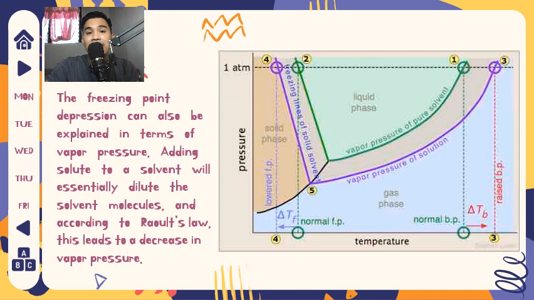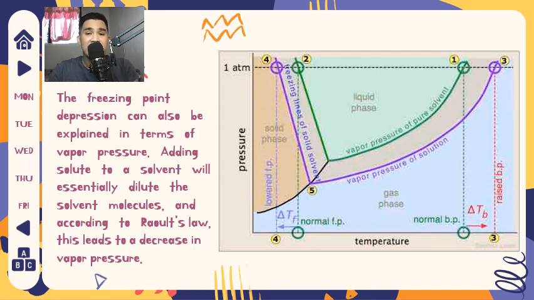Considering that the vapor pressure of the solid and liquid forms must be the same at the freezing point, because otherwise the system would not be at equilibrium, the lowering of the vapor pressure leads to the lowering of the temperature at which the vapor pressures of the liquid and frozen forms of the solution will be equal.